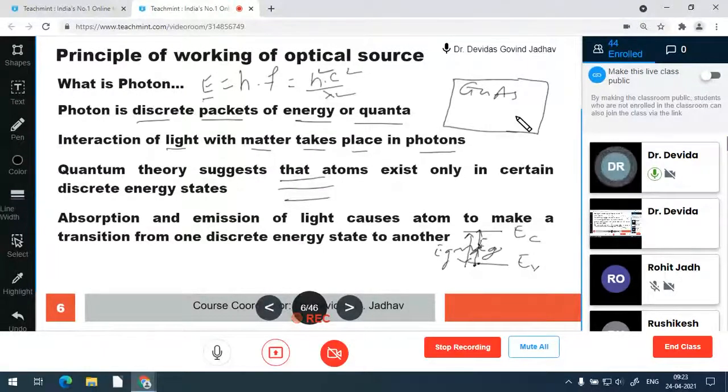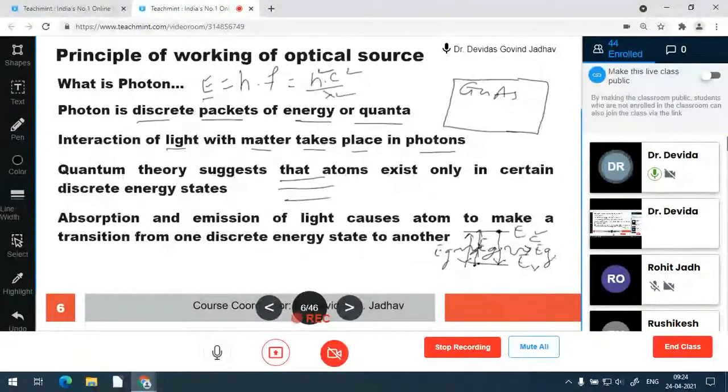Okay. And when an electron is present in EC, it is in the free state, the conduction state, possessing energy equal to EC. So when an electron jumps from the conduction state to the valence state, it has to release some amount of energy, and that is equal to the band gap energy.